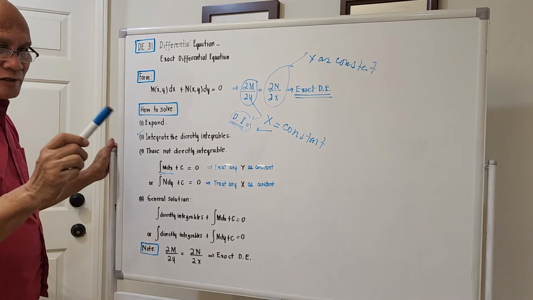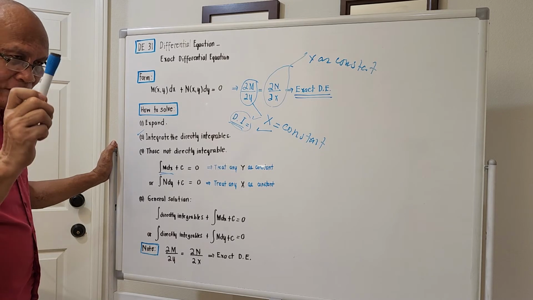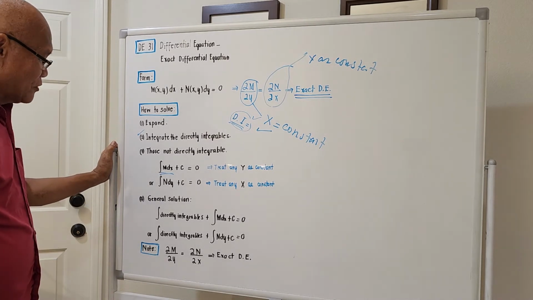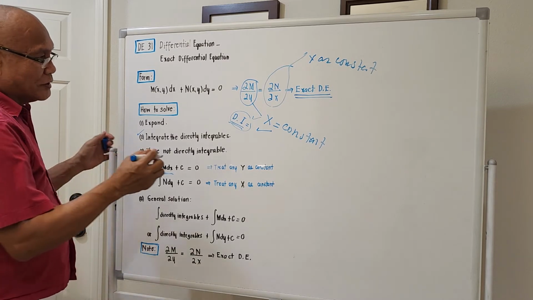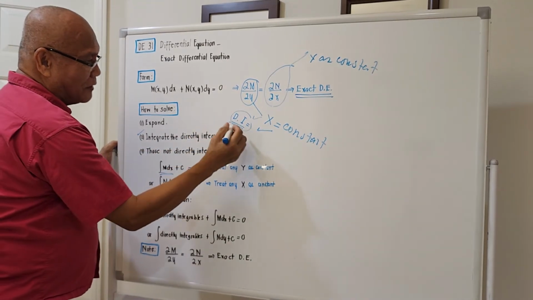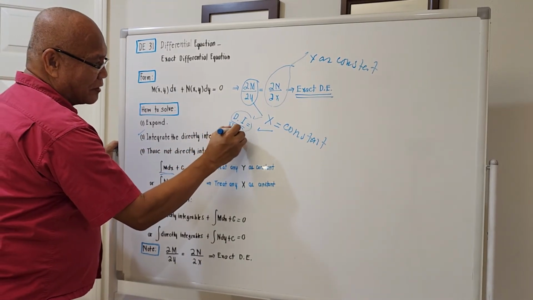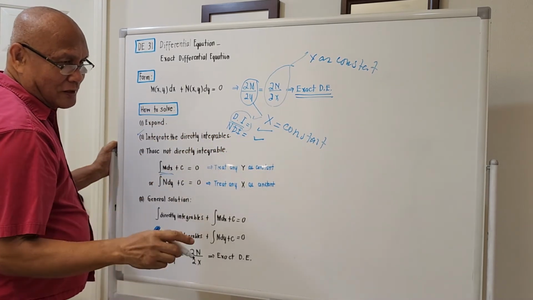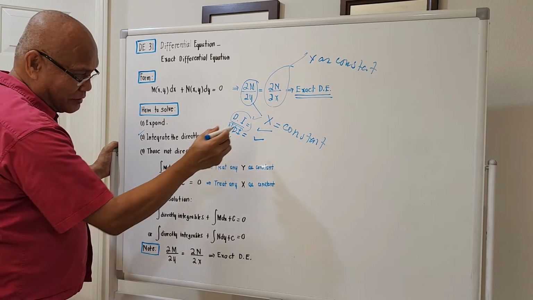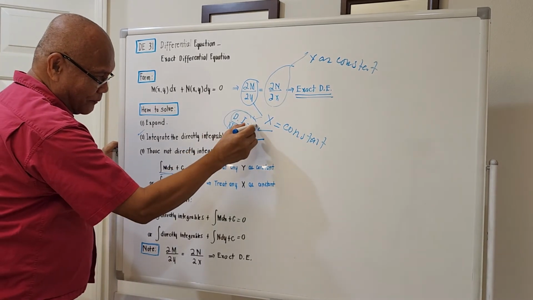So the general solution for an exact differential equation, the total general solution now, because there are two kinds of terms, directly integrable and those not directly integrable. To take the total general solution, just take the sum of these.